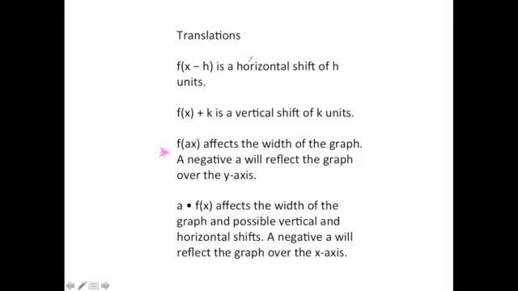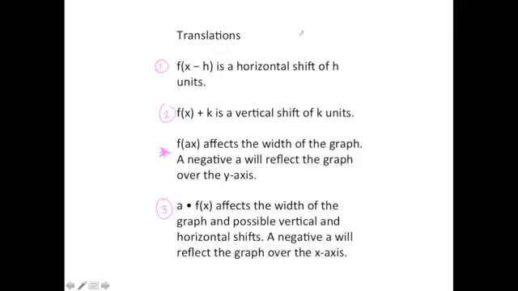But as for Algebra 2, you need to be aware of this translation, and this translation.